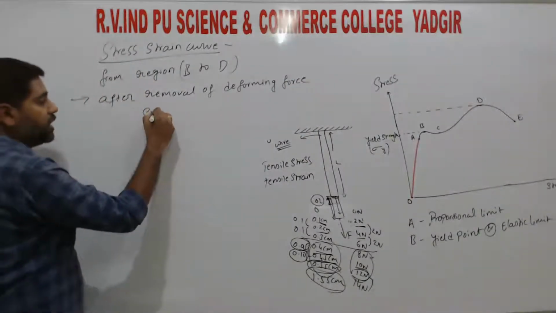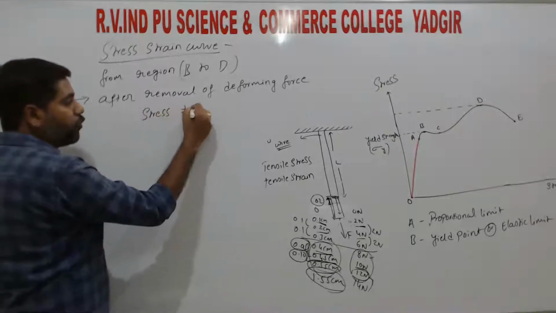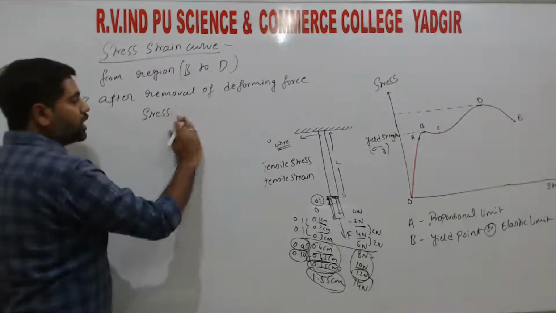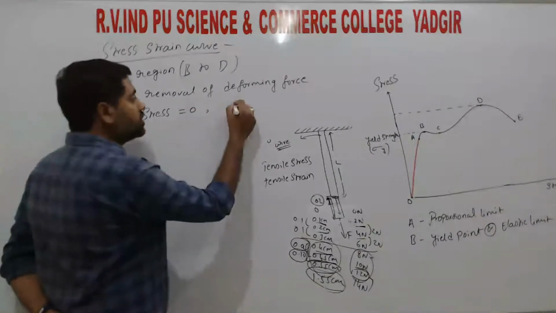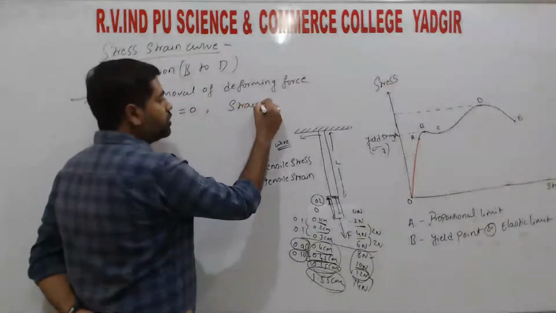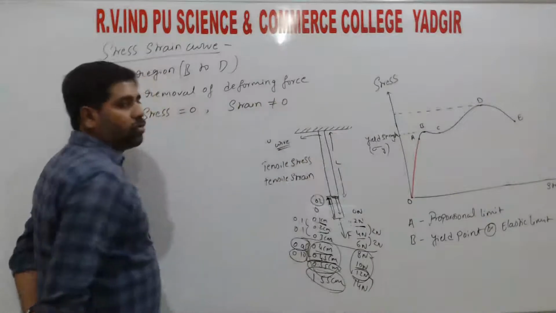That means there is no stress, because if there is no force, stress becomes 0, right? So stress is equal to 0 but not strain. So strain is not equal to 0, right?